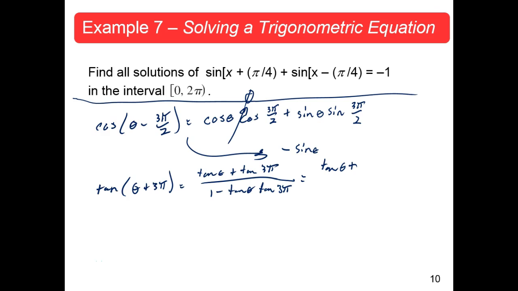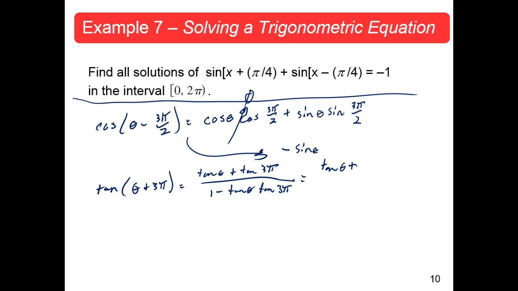And why is it 0? Because tangent of 0 is 0, remember? It goes up and down from 0, right? And what's the period of tangent? Pi. So at pi, it's going to be 0. At 2 pi, it'll be 0. At 3 pi, it'll be 0. All those pi's are going to be 0. So that's going to be a 0 there.